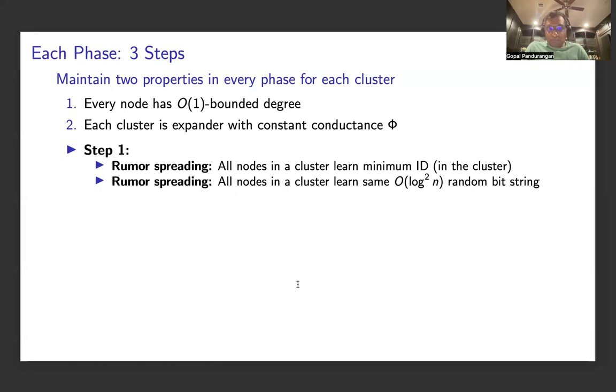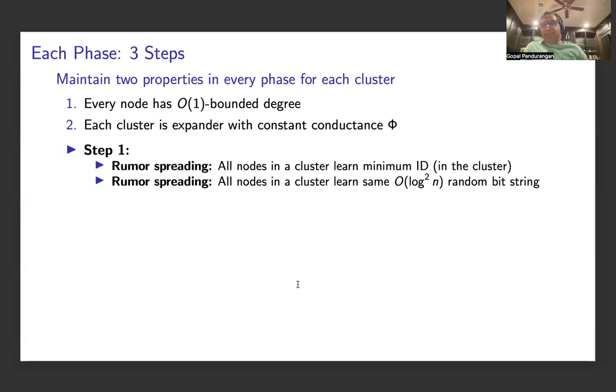There are three steps in a phase. Step one is to prepare the setting for finding an outgoing edge of the cluster. How do we do this? We first do rumor spreading, so all nodes learn the minimum ID in the cluster.